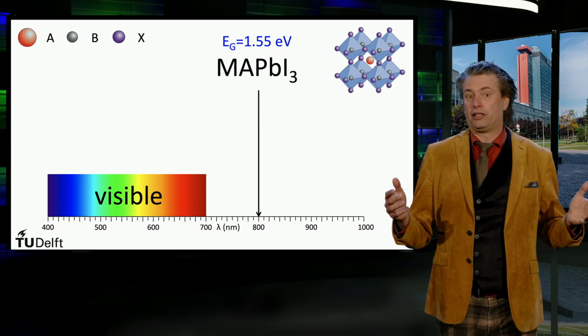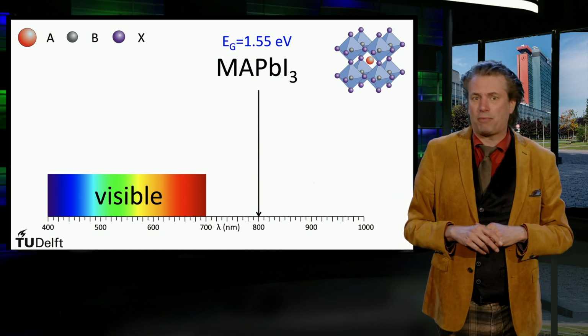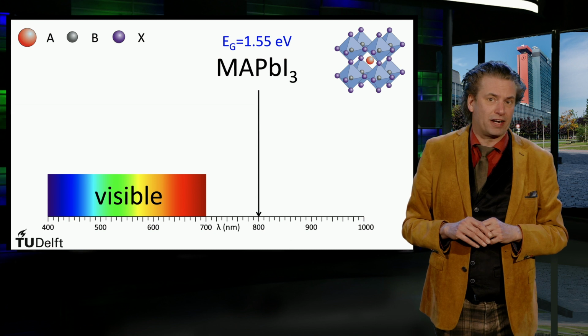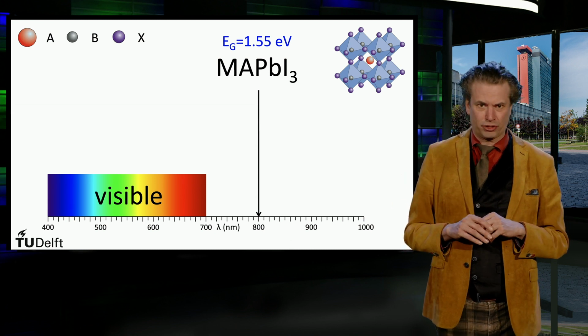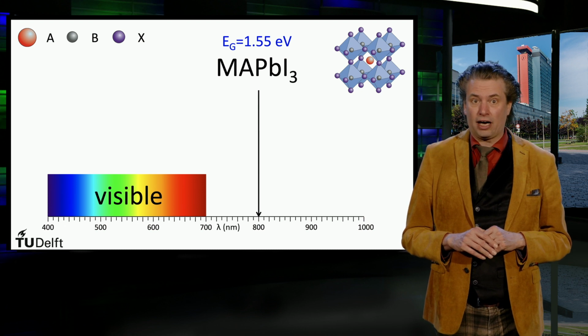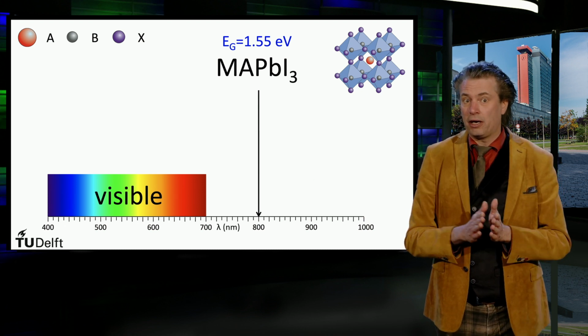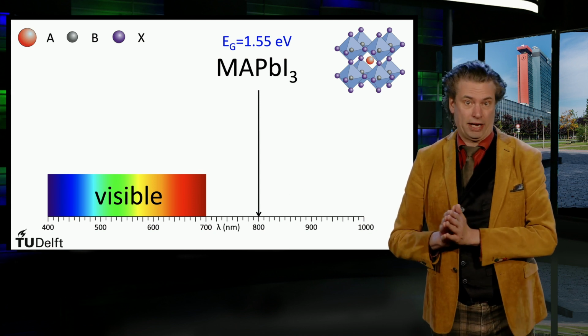The standard methylammonium lead iodide perovskite has a band gap of 1.55 electron volt, or 800 nanometers expressed in wavelength. The halogen anion X of iodine can, for instance, be replaced by bromine.